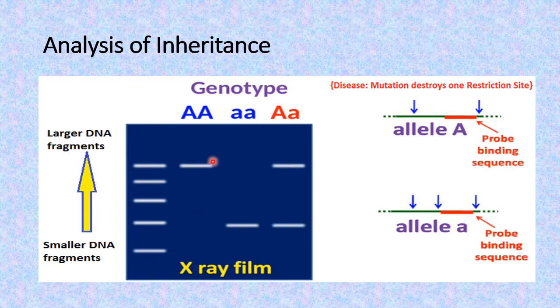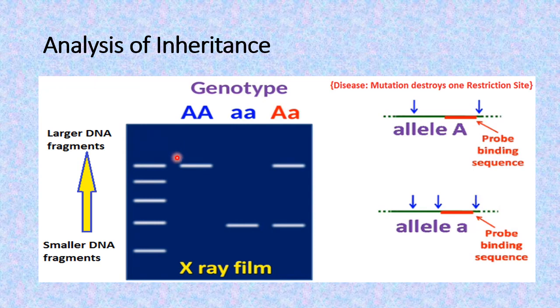So we can use this type of segregation for analysis of inheritance, because we know that in a gel on which the solution is run, in case of gel electrophoresis, the smaller DNA segments will be towards the lower end, and the larger DNA segments will be towards the upper end of the gel.